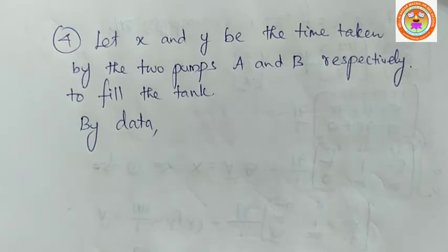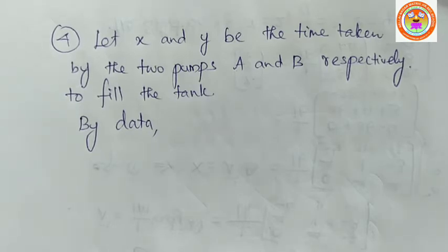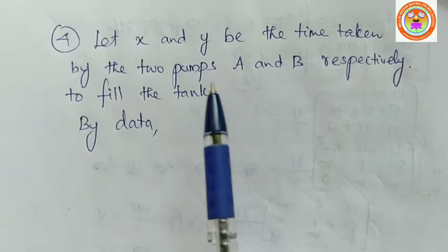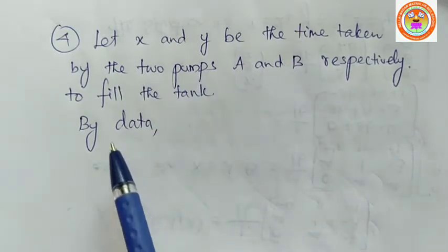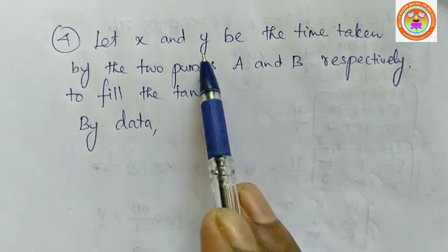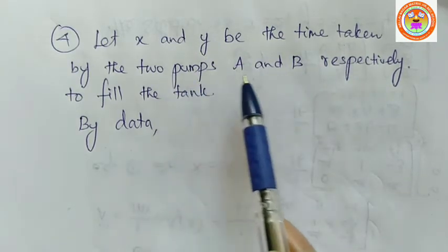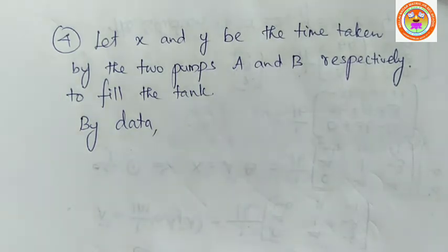So by data, it is given that when both the pumps are open simultaneously, the tank will be filled in 10 minutes. Here we took x as the time taken by pump A to fill the tank, likewise y as the time taken by pump B. So in 1 minute, how much water will be filled?